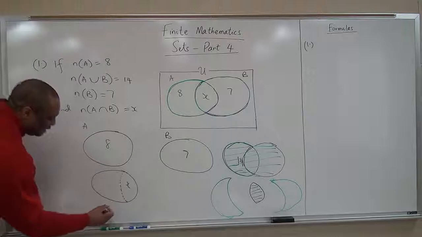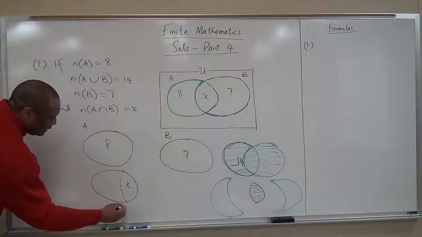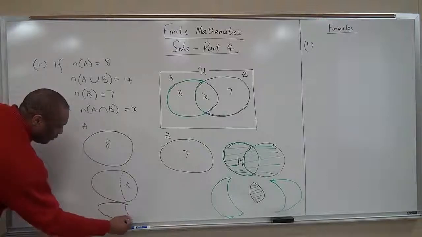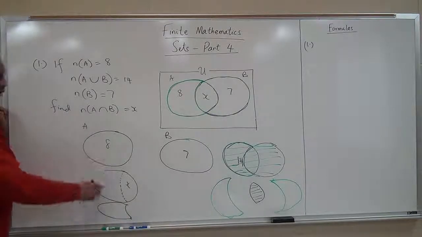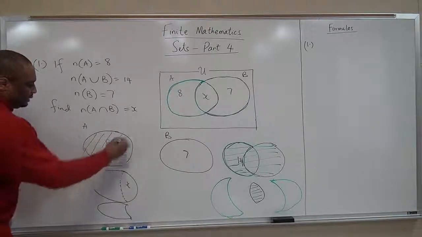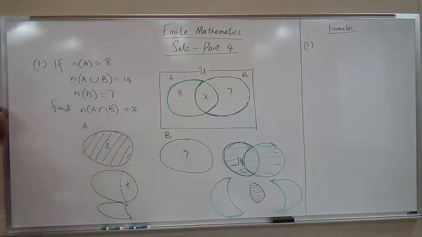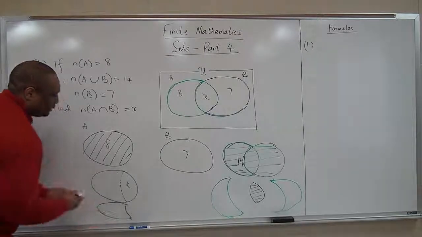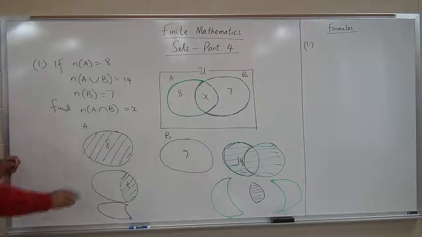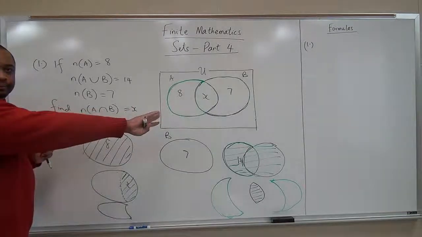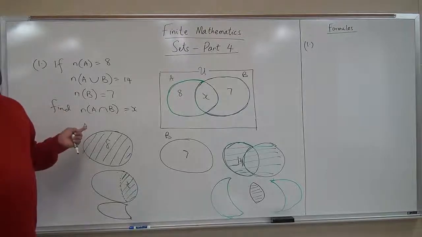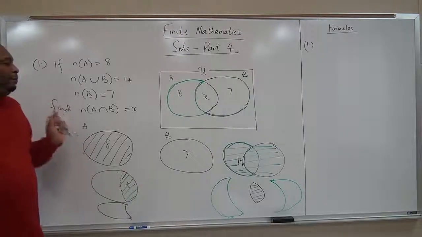The whole here is A, and this part out of it is X. This part contains B. We want A only, no B. It is B prime.